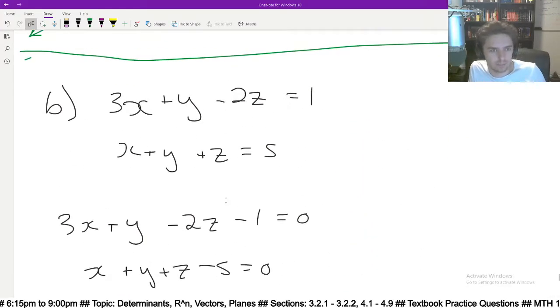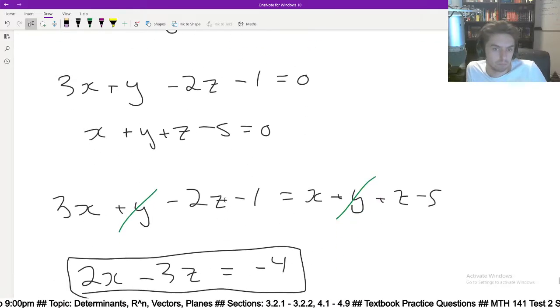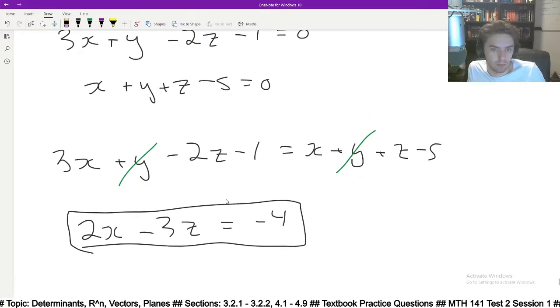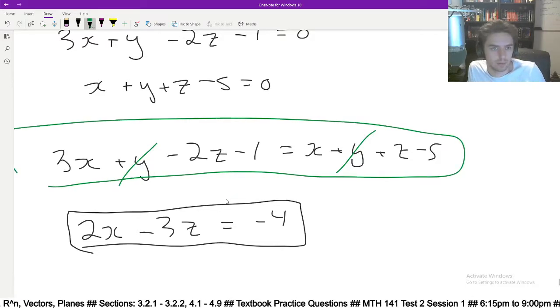So let's try a different method. Why didn't it work? Probably not allowed to do this. That's probably why it didn't work.